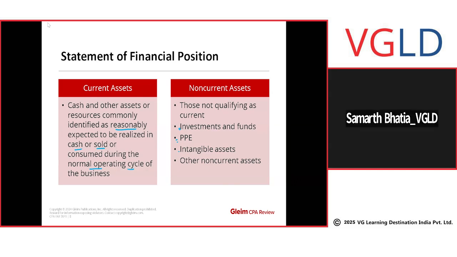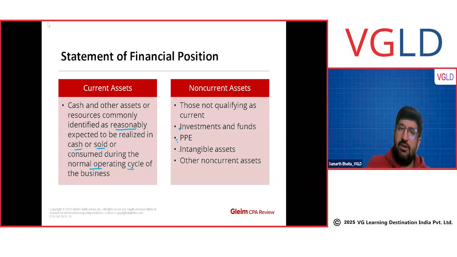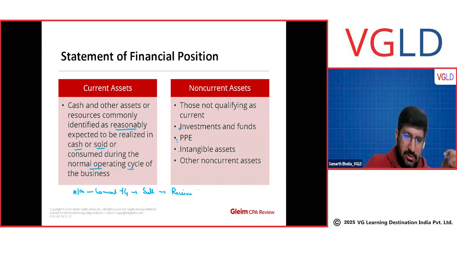Okay. So mainly there are a lot of companies where it will take, like, what is an operating cycle first of all? Operating cycle is a cycle in which we purchase the raw material, we convert it into finished goods, we sell it to the customers, and finally we receive the cash. So this is one operating cycle.